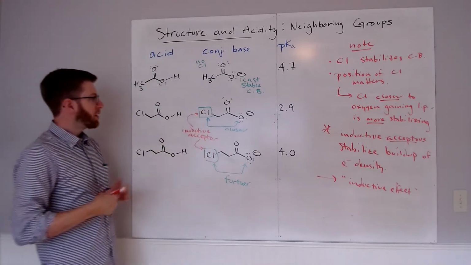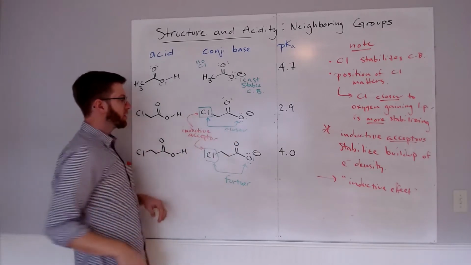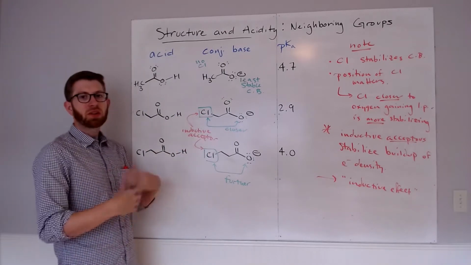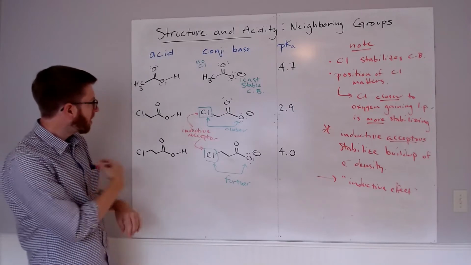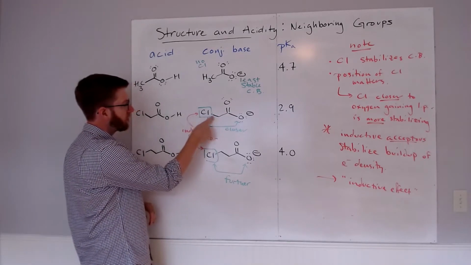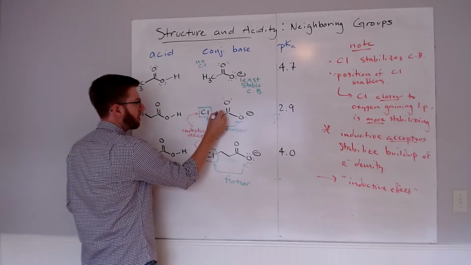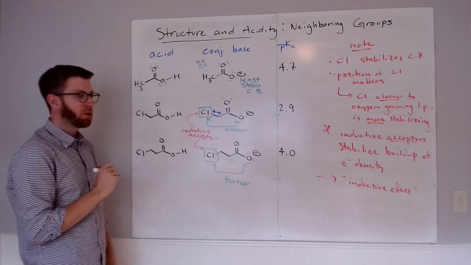And the idea here is that even though this lone pair on oxygen doesn't actually get onto the chlorine atom, the chlorine is creating this ripple effect, where the electrons in the chlorine-carbon bond are going to move a little bit closer to the chlorine.